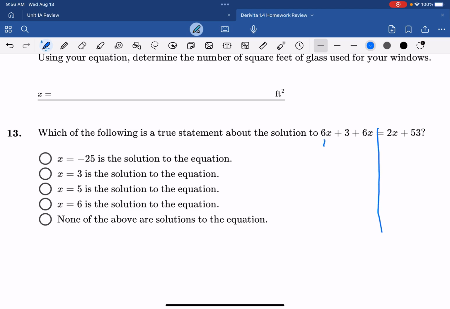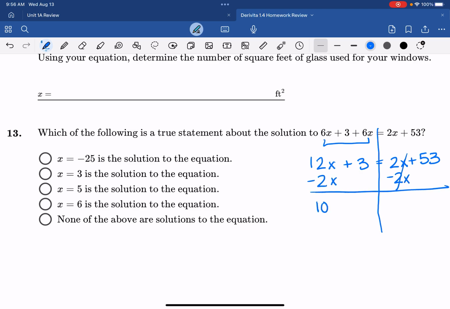I'm going to combine my like terms first. So I'll have 12x plus 3 equals 2x plus 53. Get my x's together. So 10x plus 3 equals 53. So we'll subtract the 3 next.